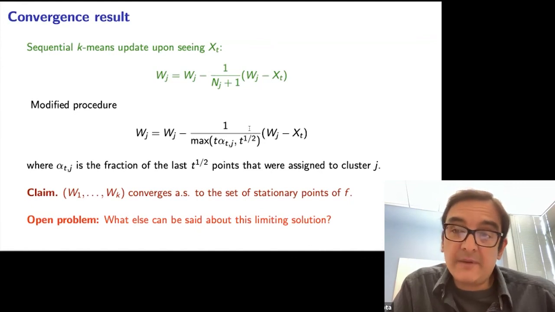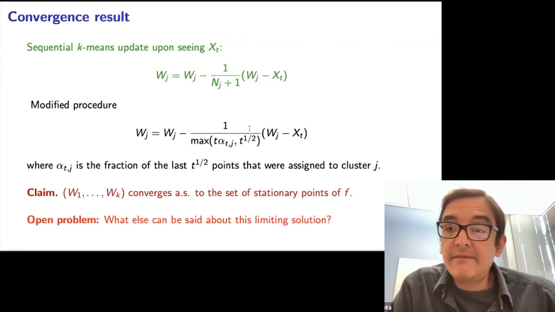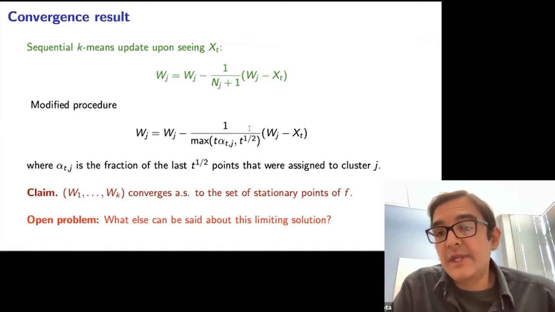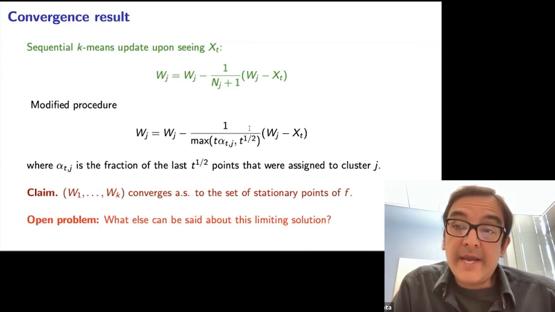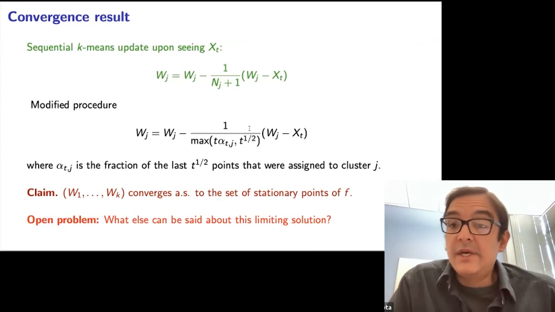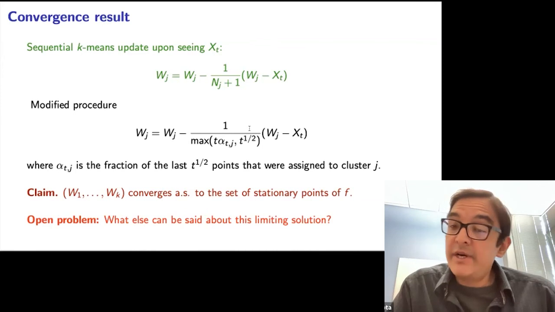However, if you give it extra centers, so instead of k centers, you allow it maybe k squared or 10k, I don't know what the formula is, if you give it a whole bunch of extra centers and you then compare that solution to the best k, to the Lloyd's k-means solution, then it's pretty good.